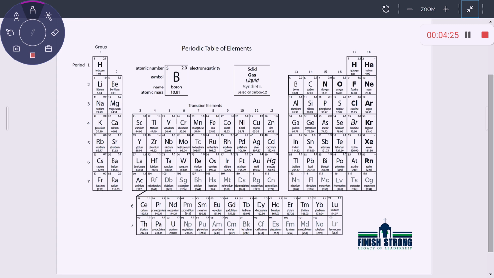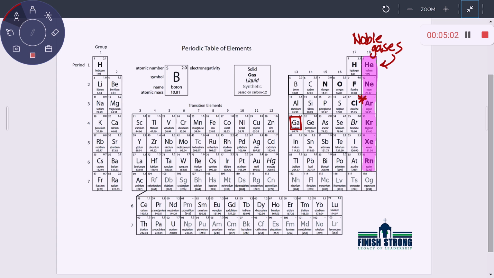So this last column over here, these are the noble gases. We learned about this in a previous section, I believe. If I said to you, write the electron configuration for gallium, but give me the shorthand version, you write the noble gas that came before it in a bracket, and that stands for everything up to that noble gas.